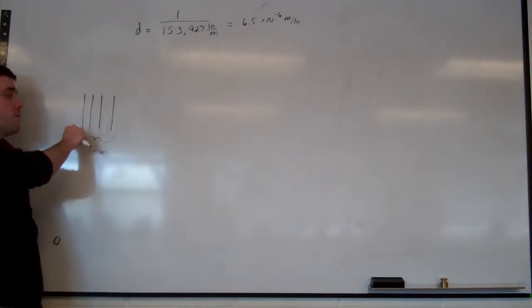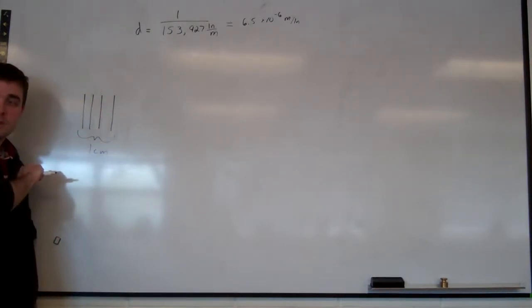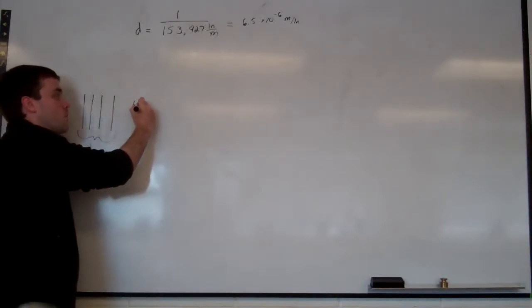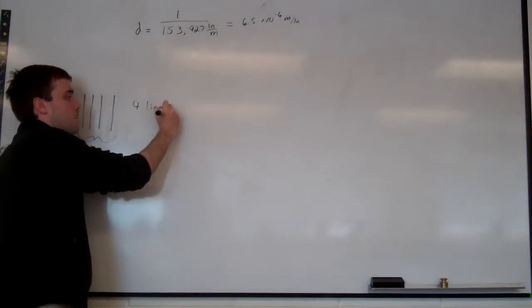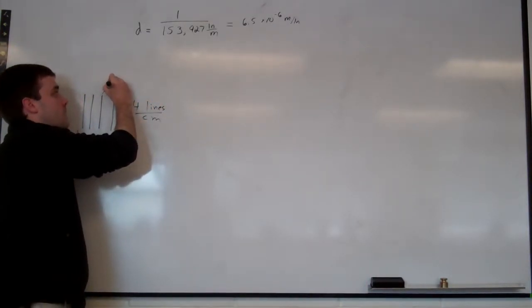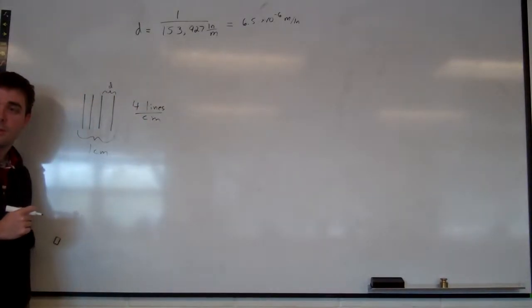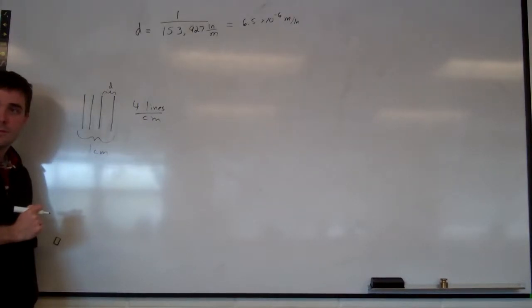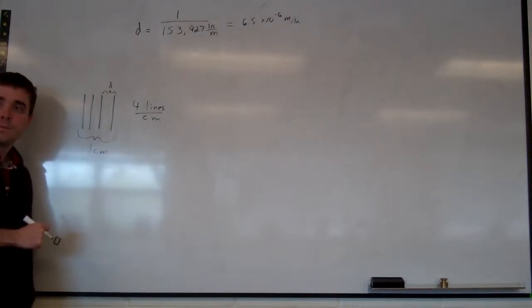If we have 4 spaces in 1 centimeter, how can we find the distance d we're looking for in the equation? The distance between those two? You just do 1 over. Yep. Does that make sense to everybody now?